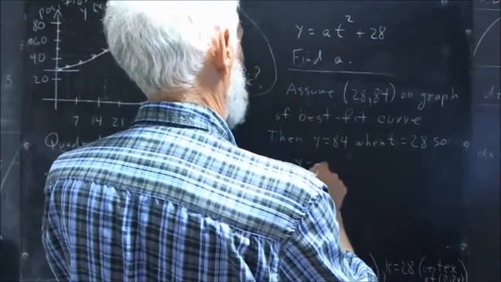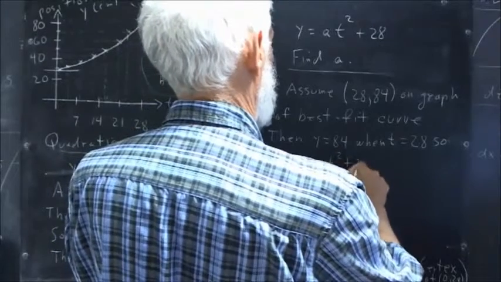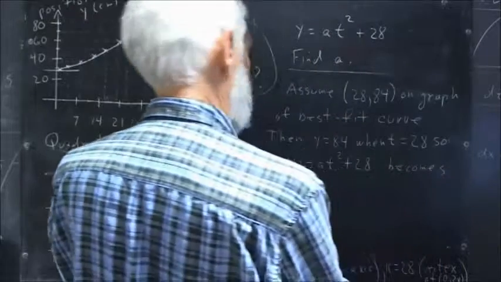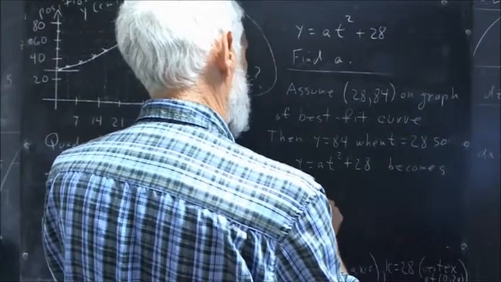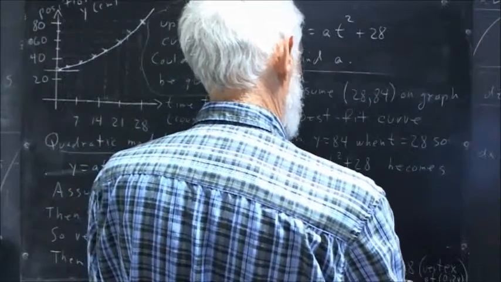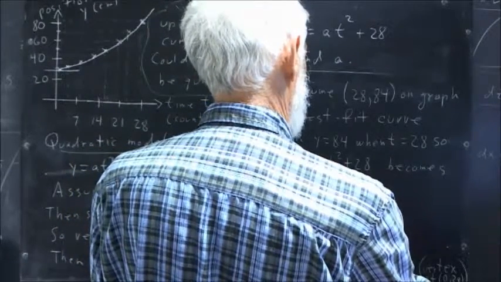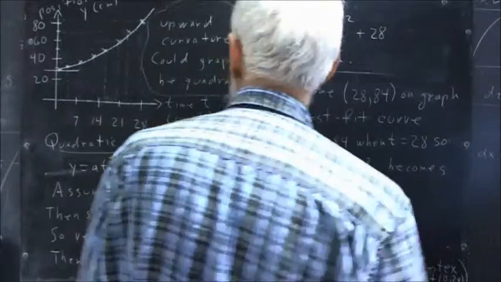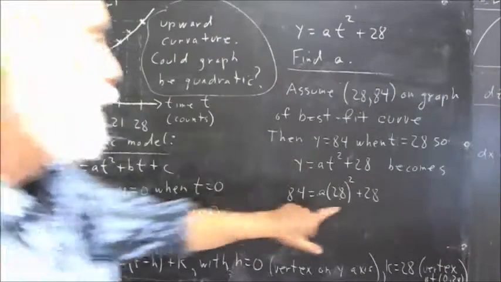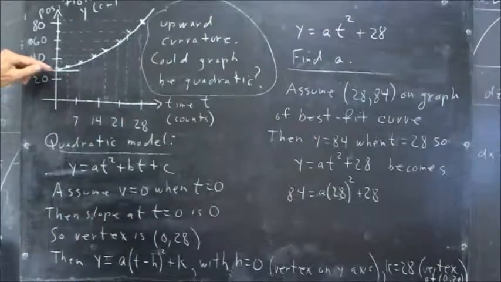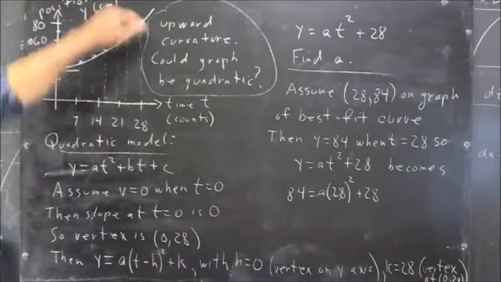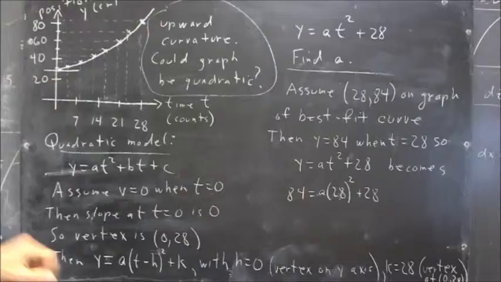So y equals a t squared plus 28 becomes 84 equals a times 28 squared plus 28, and there's kind of a coincidence. 28 occurred twice here, in the y coordinate at this point and as the t coordinate of the estimated point on the graph.